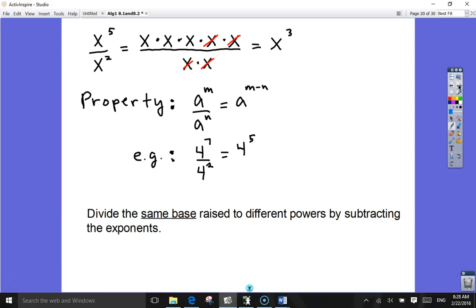So what does it look like you did with the 5 and the 2? You subtracted, and that's the property, right? A to the m divided by a to the n is a to the m minus n. Subtract. All right, and this was the example that you had that you copied already. 4 to the 7th over 4 squared is 4 to the 7 minus 2, which is 4 to the 5th.